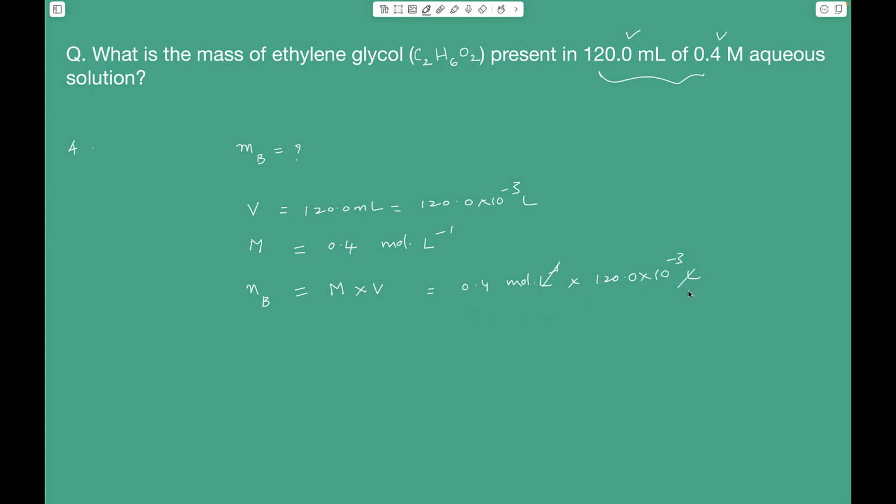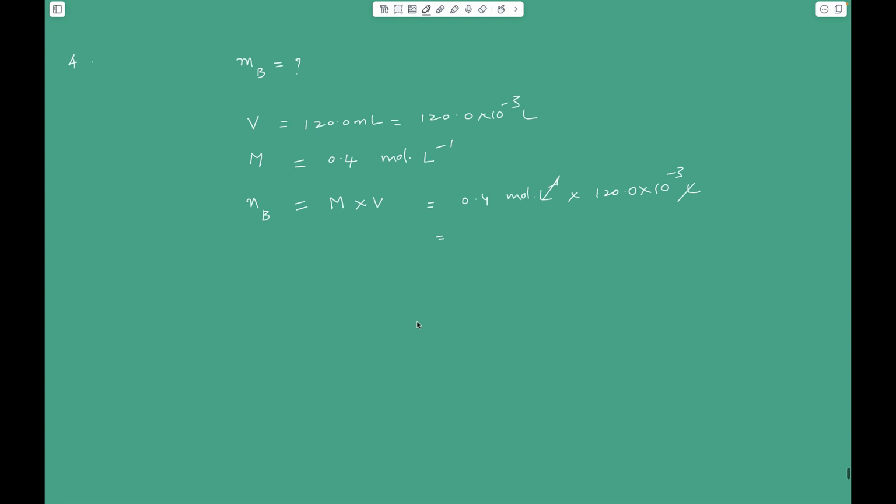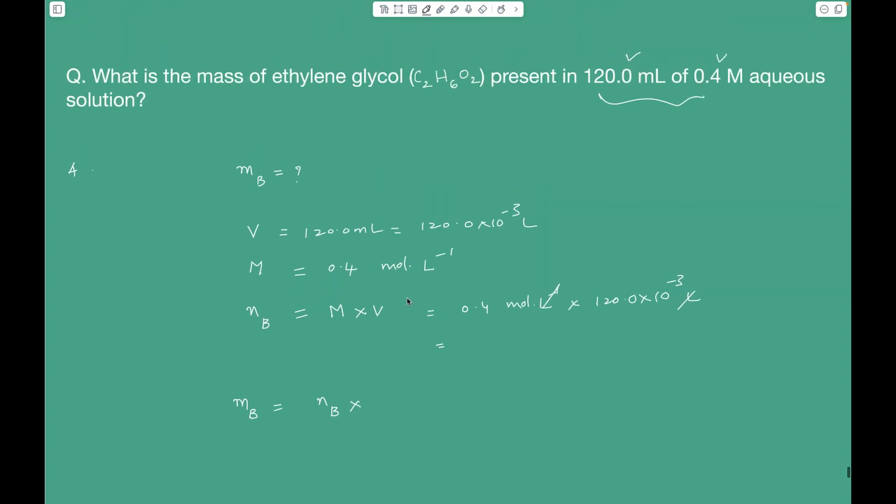Cancel these two and simplify this to get the amount of substance of ethylene glycol or the number of moles of ethylene glycol. But if you want the mass of ethylene glycol, given the number of moles or amount of substance, you have to multiply that with its molar mass.